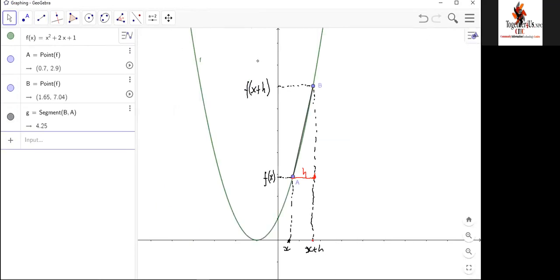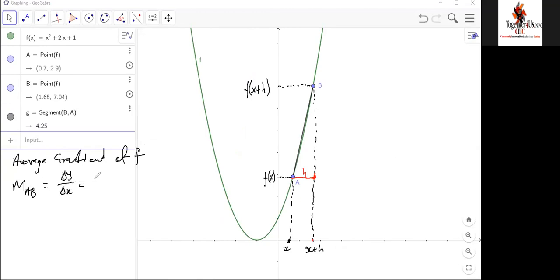So if I want to find the average gradient of f, it is the gradient of that line AB, given by m_AB, which is equal to, we said, change in y over change in x.